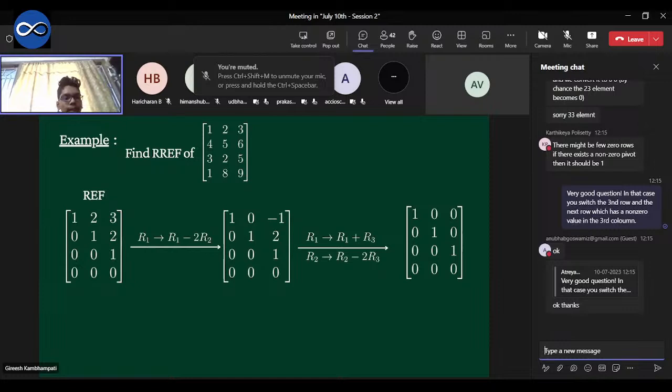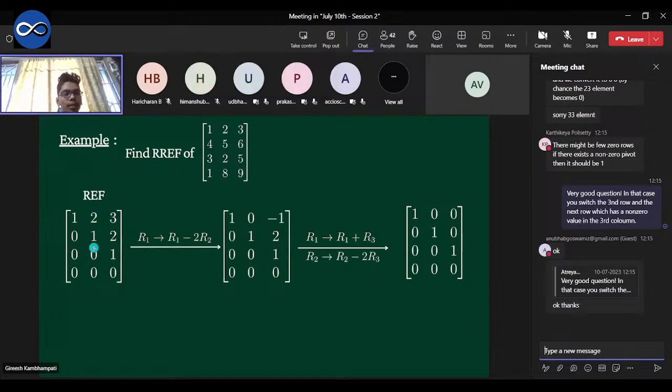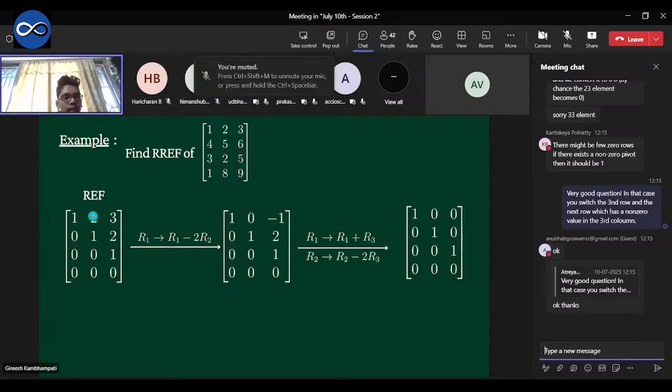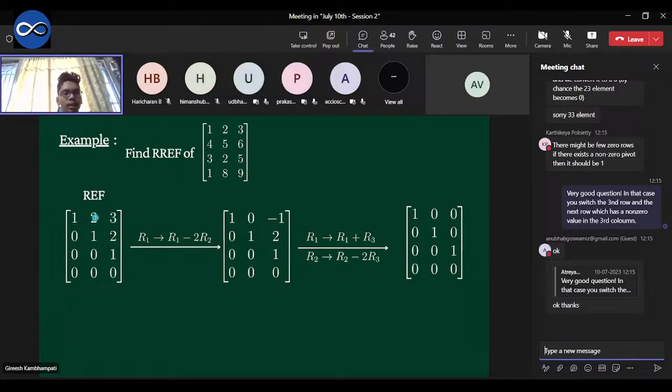If we want to make a non-pivotal element in a pivotal column 0, we have to remove the row in which this non-pivotal element is there. Here 2 is the non-pivotal element. We have to make the 2 to be 0. Now we have to subtract from the row containing this non-pivotal element the row which is containing the pivotal element corresponding to this non-pivotal element.